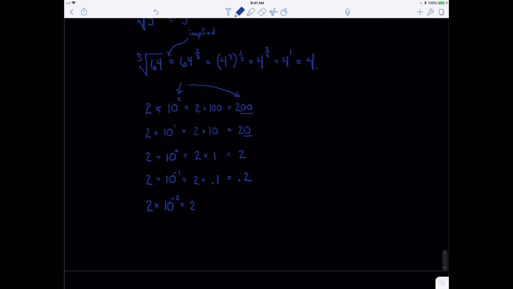If we continue that, that's 2 times 10 to the minus 2. Well, that's 2 times 0.01, or 0.02. Now, you might say, well, I see the pattern, but where does that come from? Let's take a look at this 0.1 for a moment.